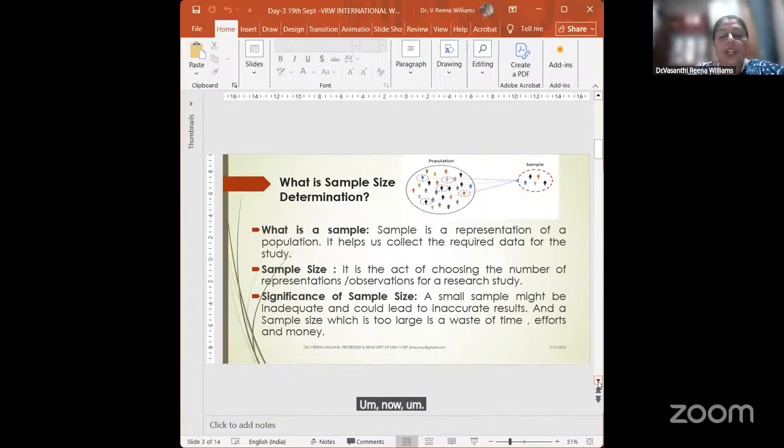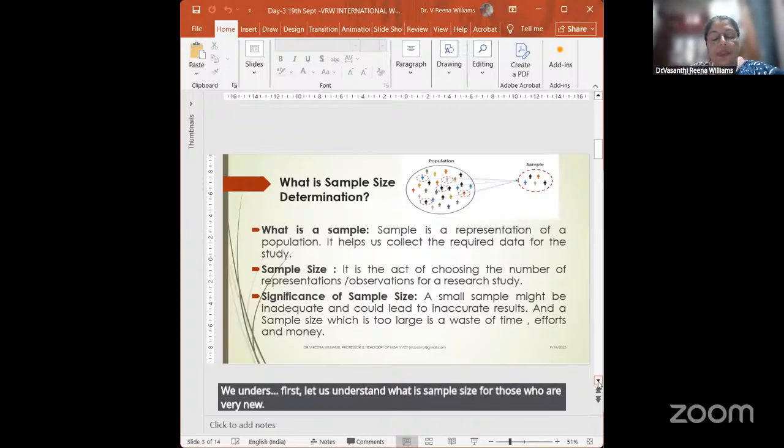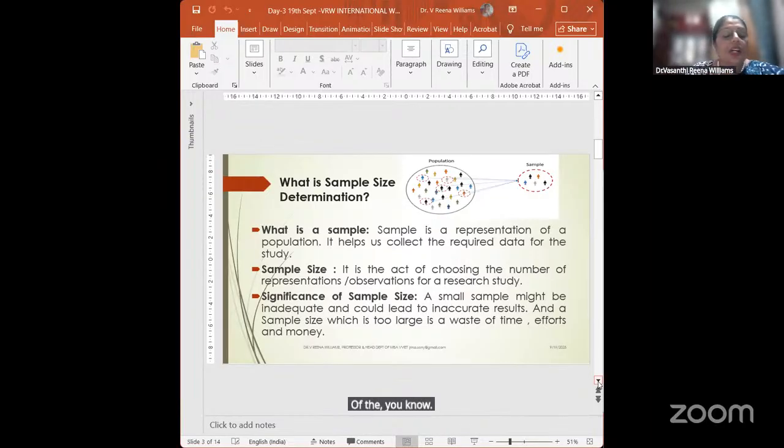Now, as you can all see on your screen, first let us understand what is sample size for those who are very new to research. Everything we do is a research.